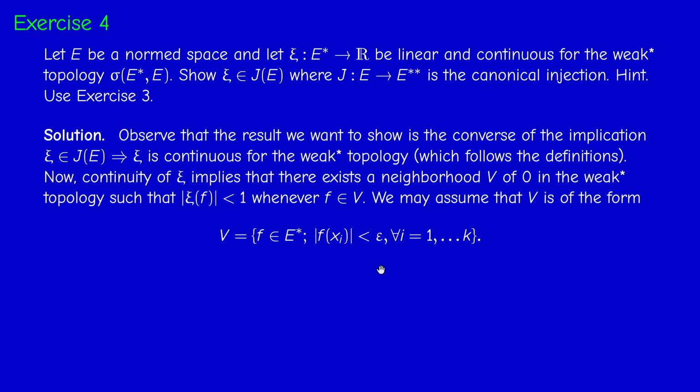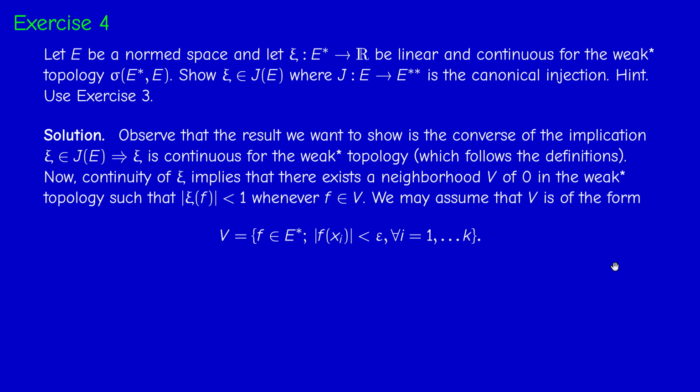Now, as you guessed, we can assume that V is of this special form because this is a basis of neighborhoods of 0, as we discussed in section 4.3. So actually, V contains a set of this form, but we can assume that V is of this form.